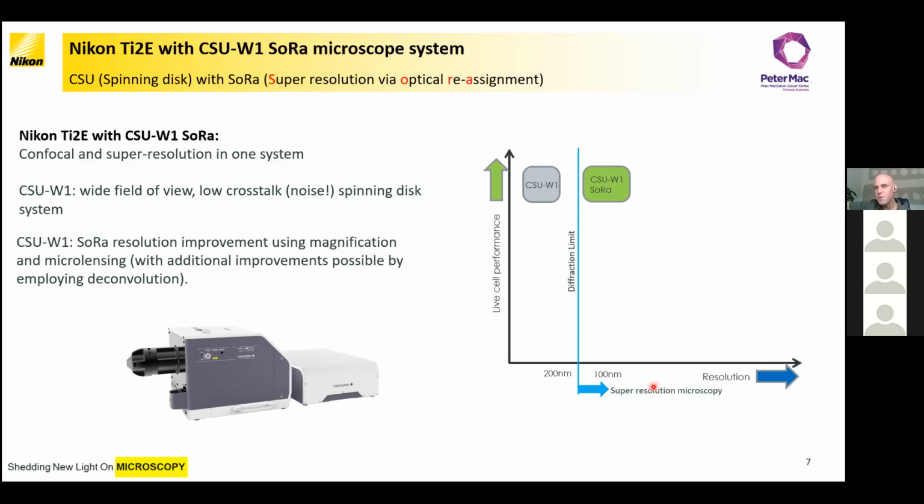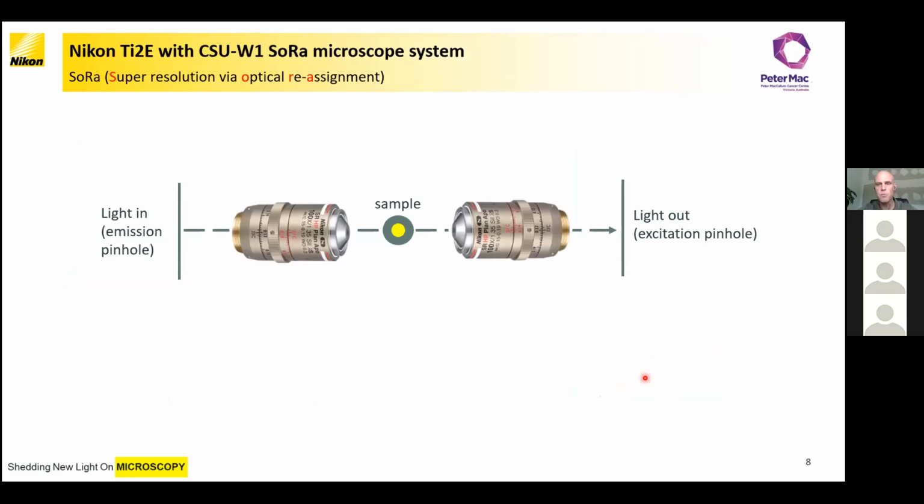So it moves the capabilities of the system into the realm of super resolution microscopy. I want to spend the next couple of slides explaining how the system is able to do that. So bear with me.